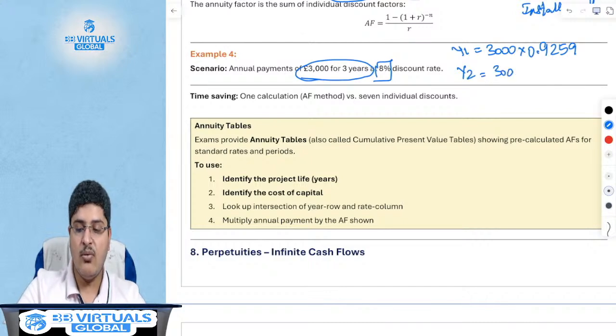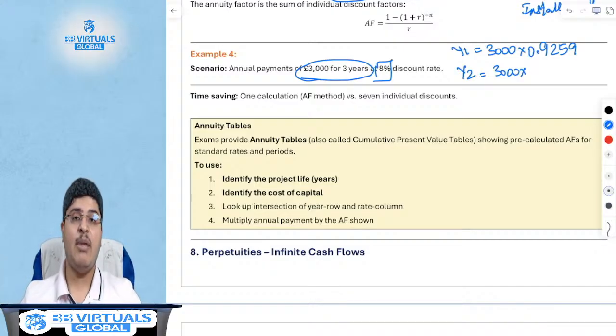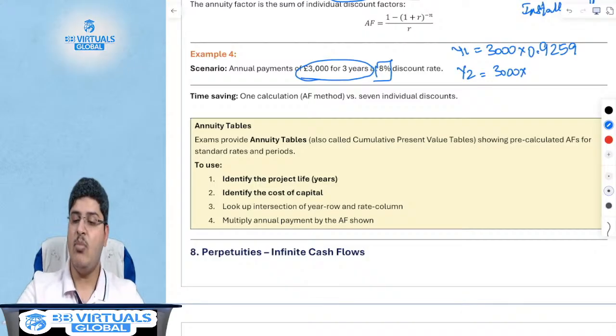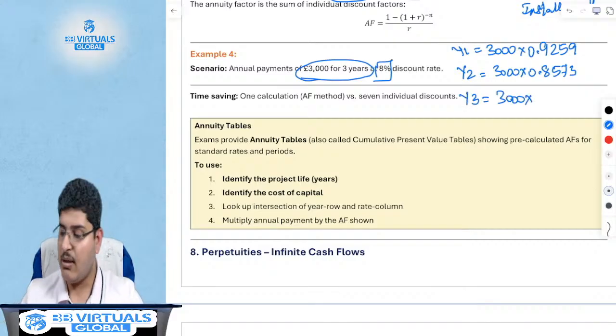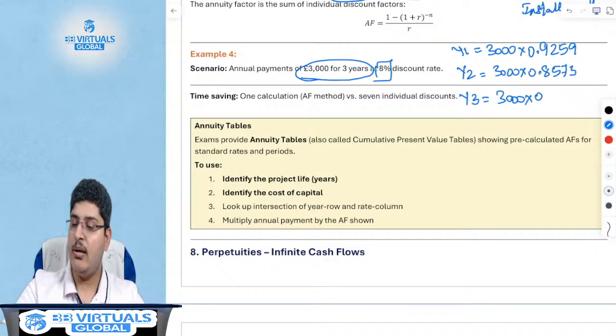Year 2, 3,000 into the discounting rate, which is 1 divided by 1.08, press equal to twice, and that number will be 0.8573. Press equal to for the third time, and you will get the discounting rate for the third year.